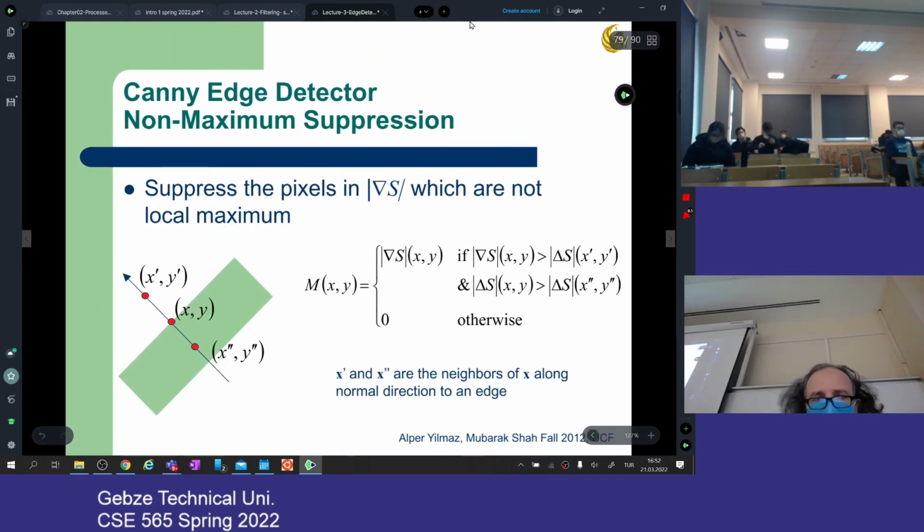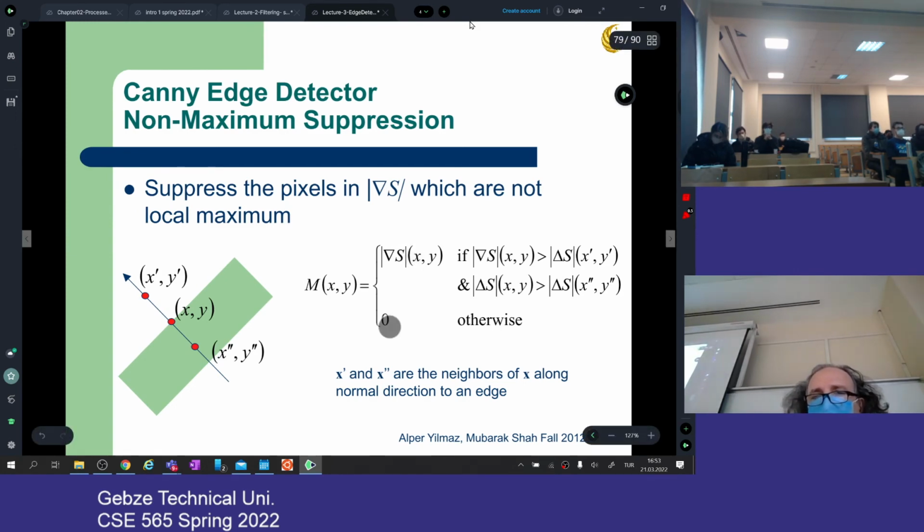Okay, so this is the basic thing. For x,y, I know the direction of the gradient. I know which way the image gets brighter and which way it gets darker, because that's the meaning of the gradient. So I compare this image point x,y with its two neighbors. If I am higher than both of them, then I am the king.